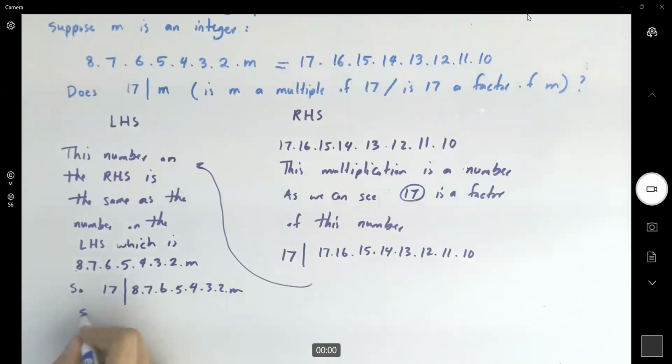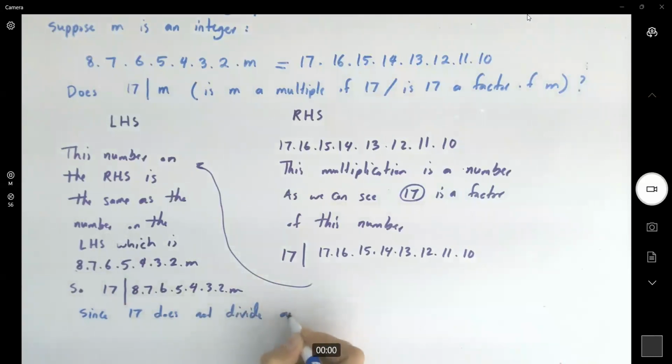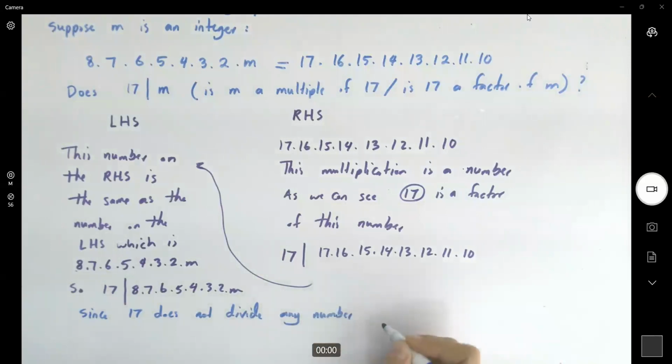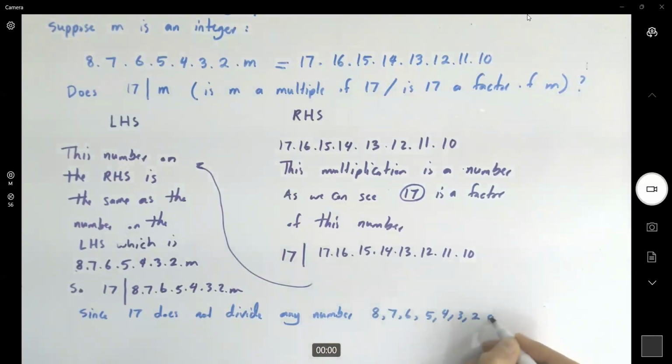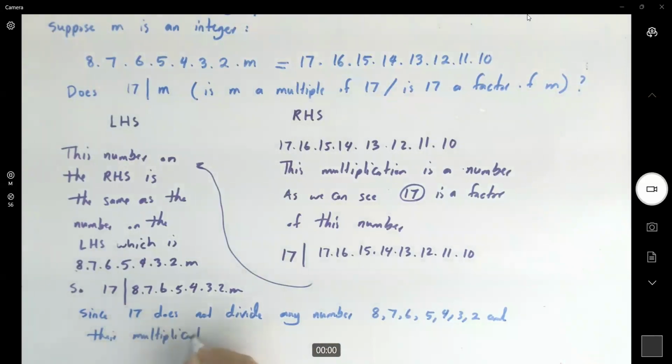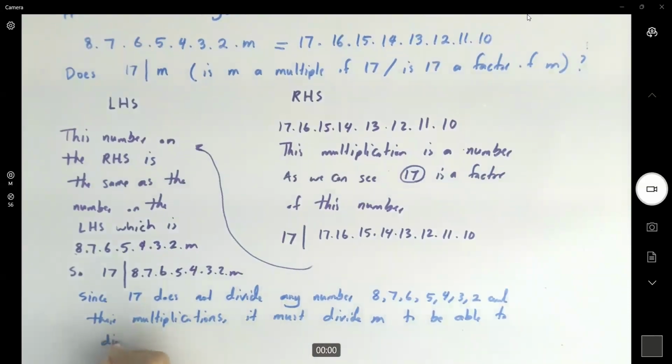Since 17 does not divide any number 8, 7, 6, 5, 4, 3, 2, and their multiplications, it must divide m to be able to divide their multiplications. 4, 3, 2, m.